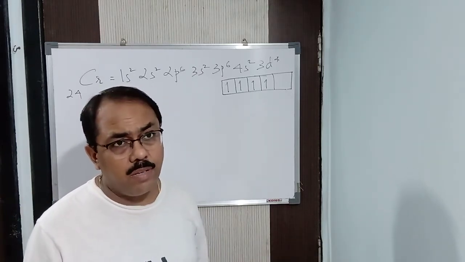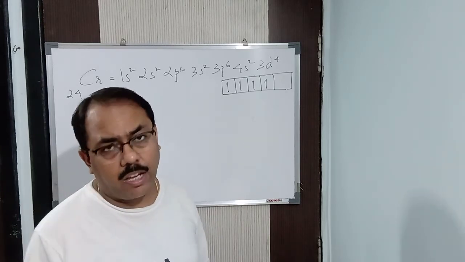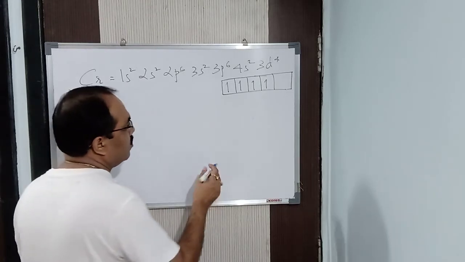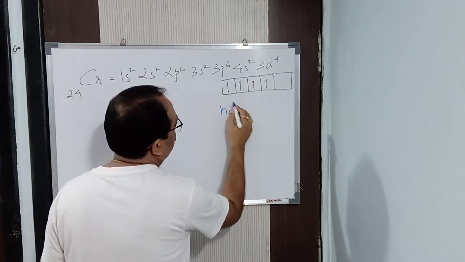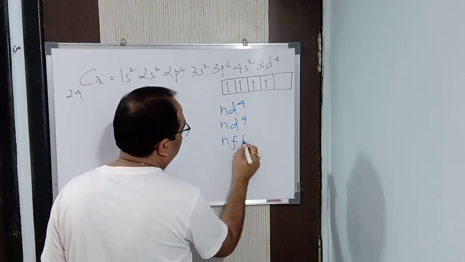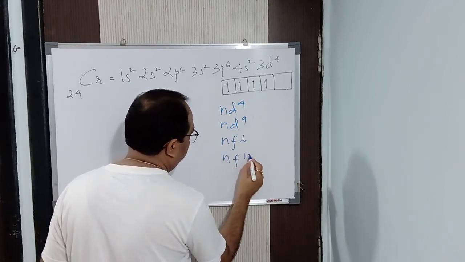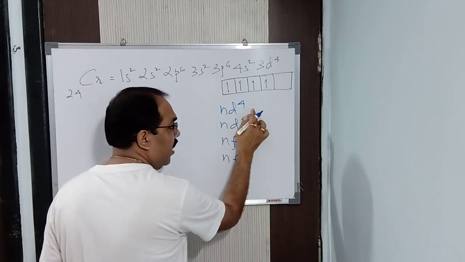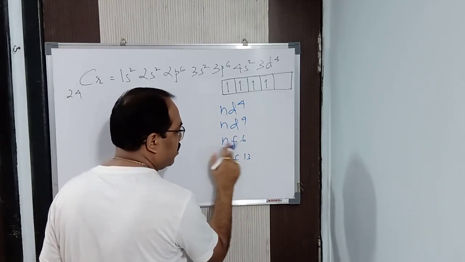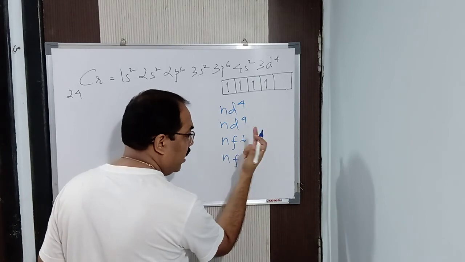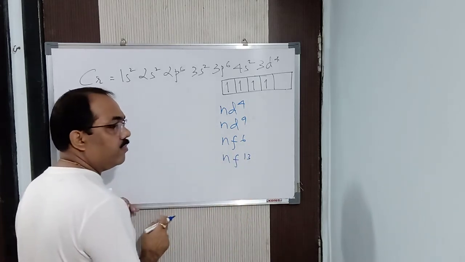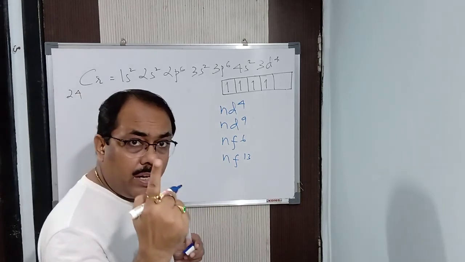It will always have a tendency to acquire a stable configuration. That means if the configuration is nd4, nd9, nf6, nf13. For half filled it should be nd5, 1 electron less. For fully filled, nd10, 1 electron less. For half filled, nf7, 1 electron less. For fully filled, nf14, 1 electron less. Only 1 electron, mind it.